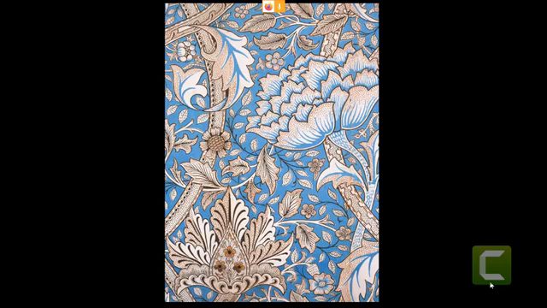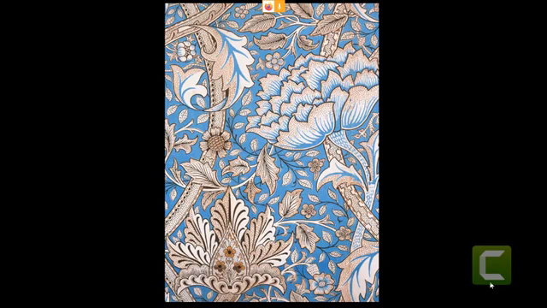And so if we take a look at this first example here, you're probably looking at this and thinking that it looks a little bit like a pattern or design that you would see on a wallpaper. And if that's what you're thinking, that's what this actually is.